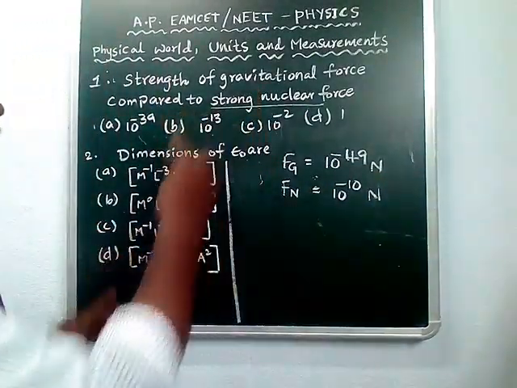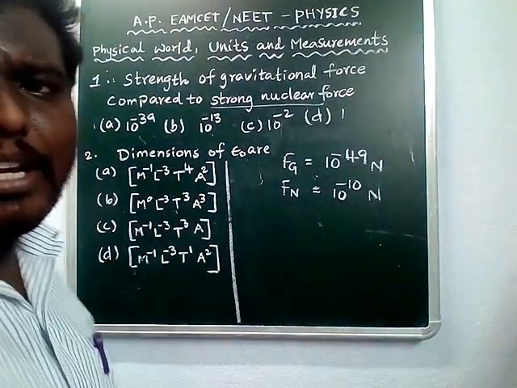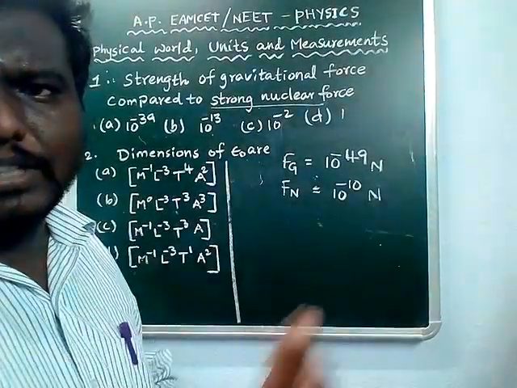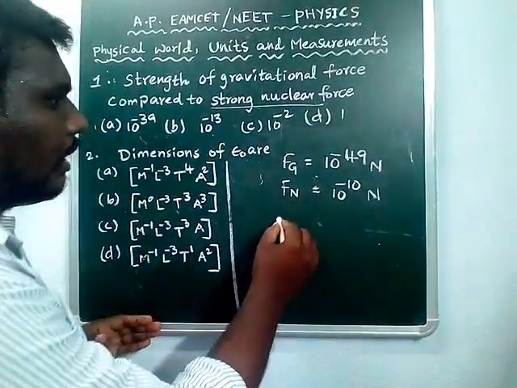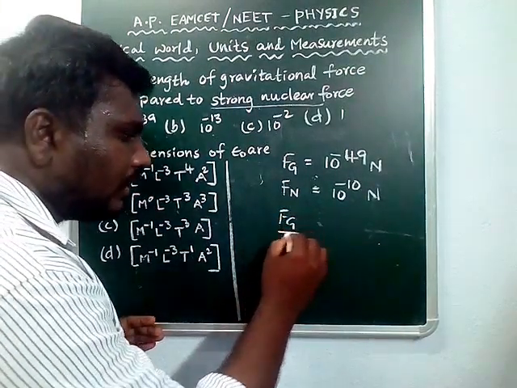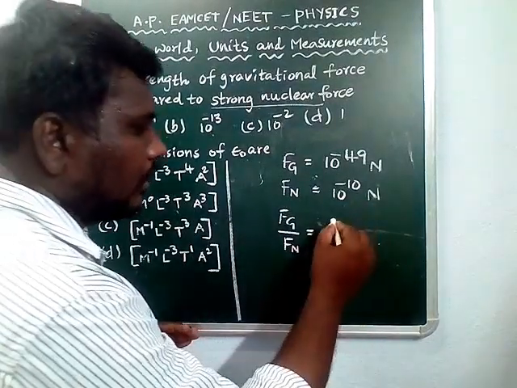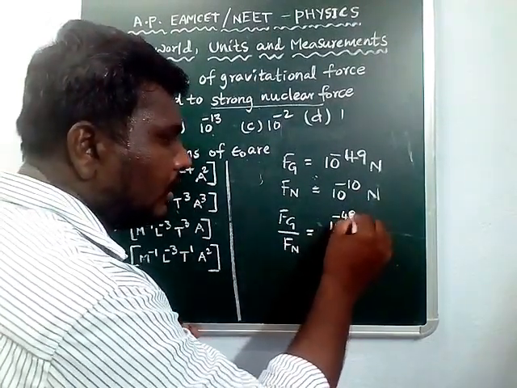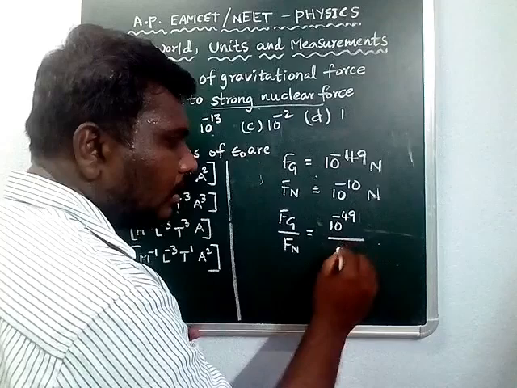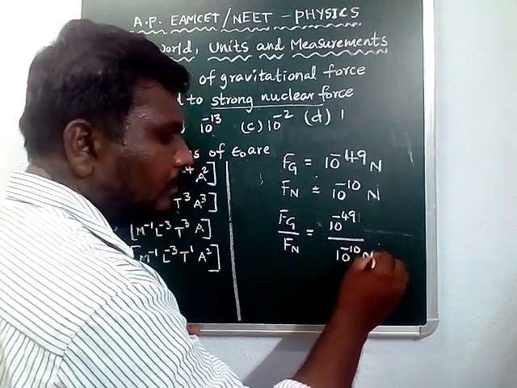So we can compare them. How many times is it increased? So, multiples. Taking Fg by Fn, that is equal to 10 power minus 49 Newton by 10 power minus 10 Newton. Understand?